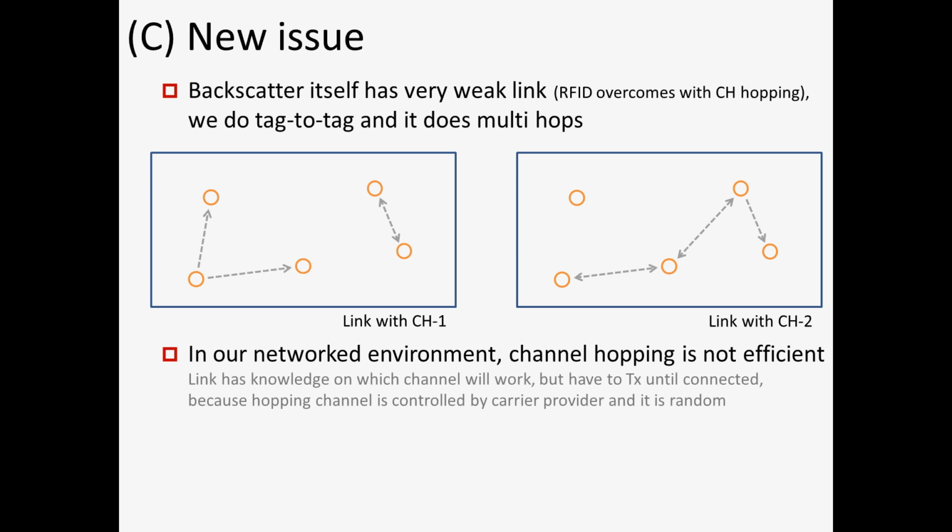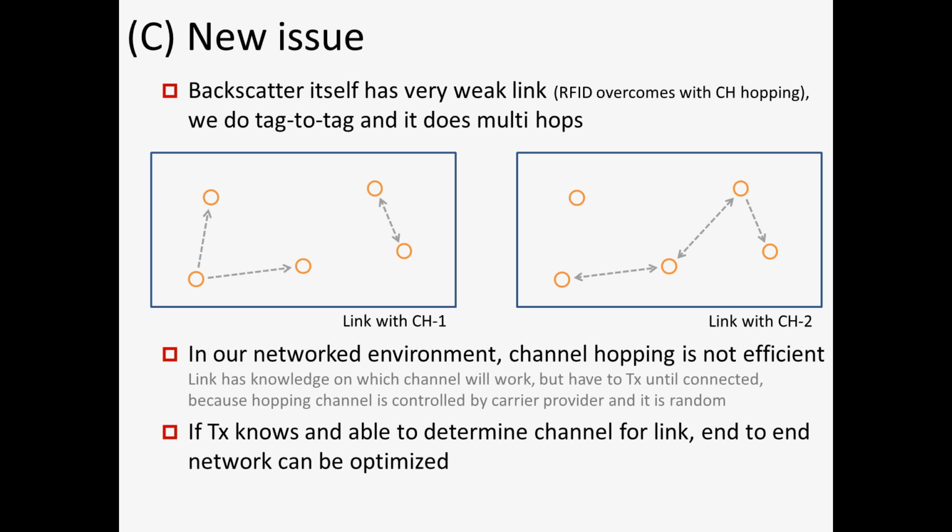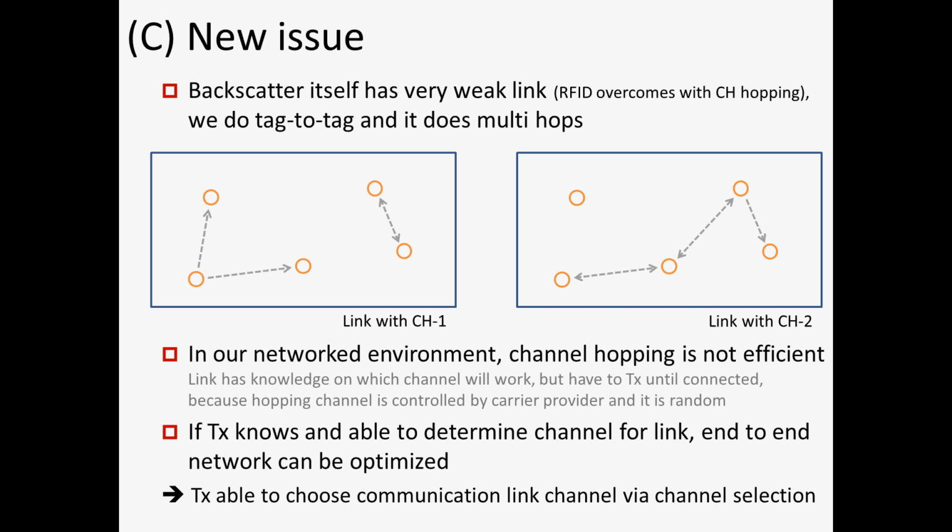Let's say a link has knowledge of which channel will work, but it has to transmit until connected, because the hopping channel is controlled by the carrier provider, and it is random. If the transmitter knows and is able to determine the channel for a link, the end-to-end network can be optimized. So we make the transmitter able to choose the communication link channel via channel selection.